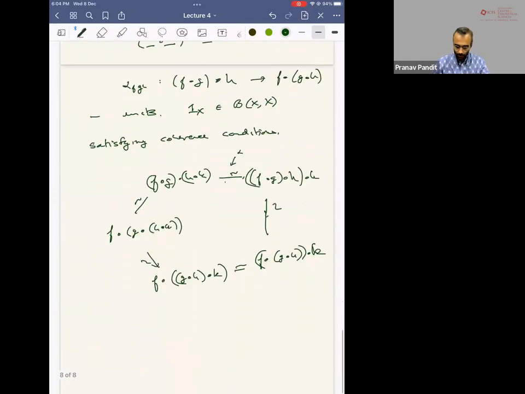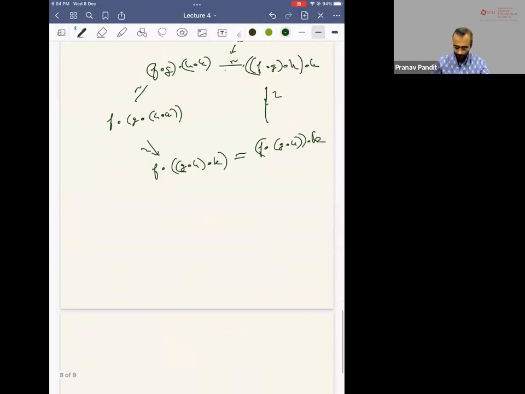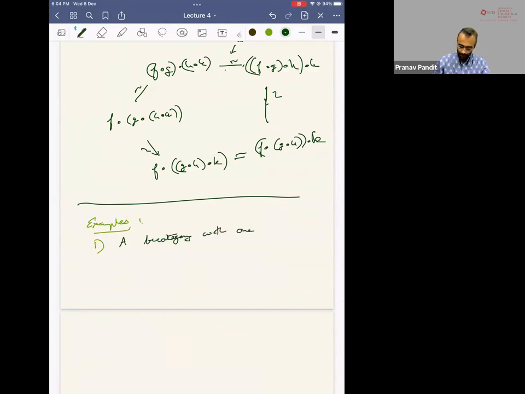Okay. So let me just give you examples of these bicategories. One is that a bicategory with one object star is the same thing as what people call a monoidal category.